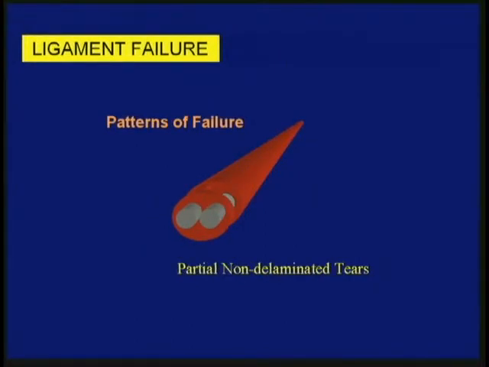The second pattern of failure within the substance of a ligament could be called a partial non-delaminated tear. We don't use this terminology on the report, but you can see what I mean by it. It's a transversely or obliquely oriented defect that will interrupt some of the collagen bundles, but not all of them.